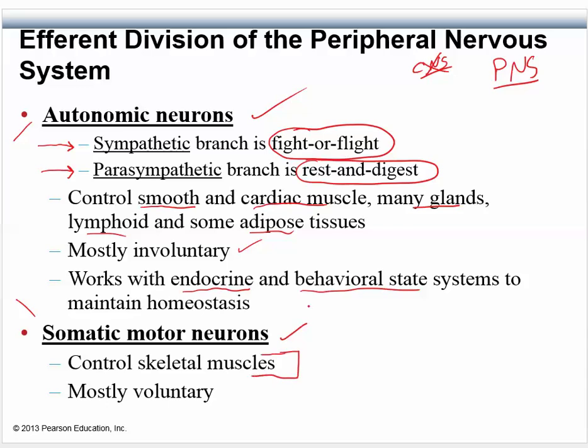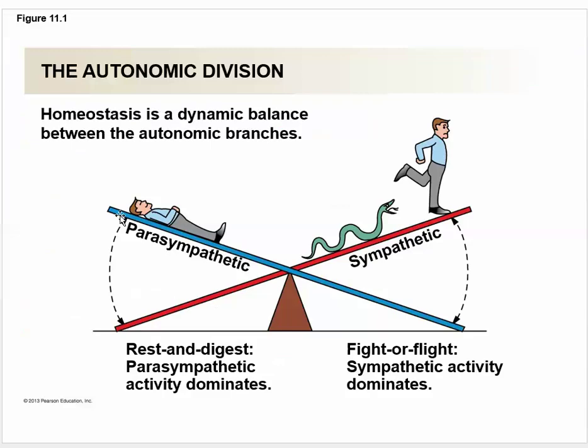Certain behaviors can be changed, whether you're motivated to do something, and that can be done through the autonomic nervous system. But actually deciding to flex a muscle, that's somatic. So these are two divisions of the peripheral nervous system. Hopefully you understand that because it's pretty important.